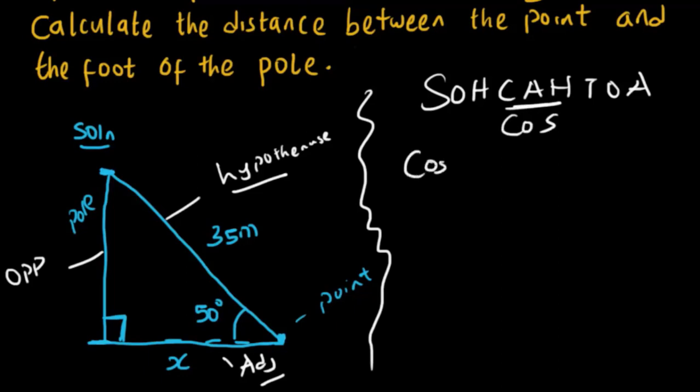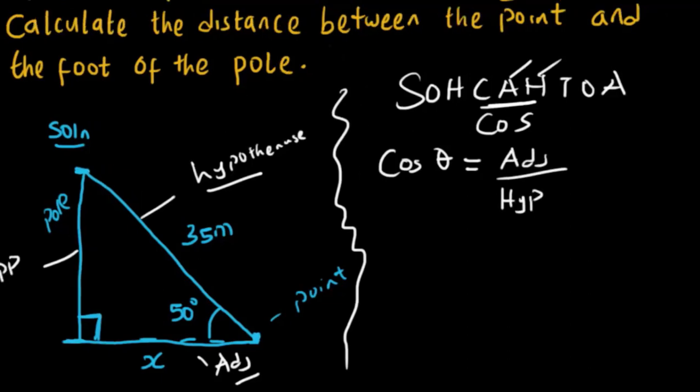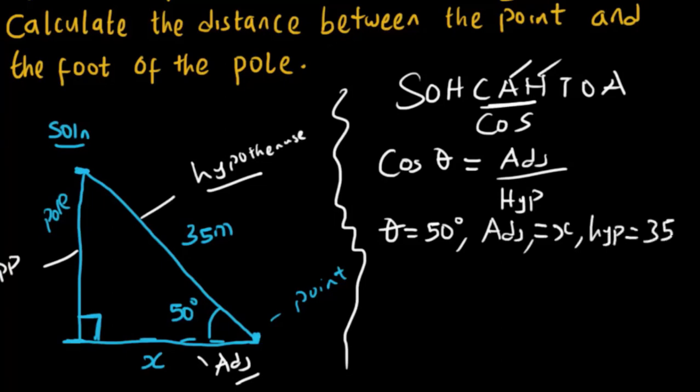The formula for cos theta equals adjacent over hypotenuse. Now we know the angle theta is 50 degrees. Our adjacent equals x, and our hypotenuse equals 35 meters. We put this into the formula.